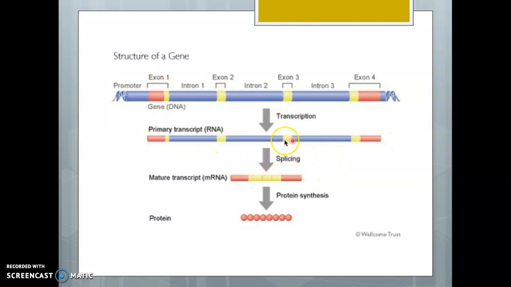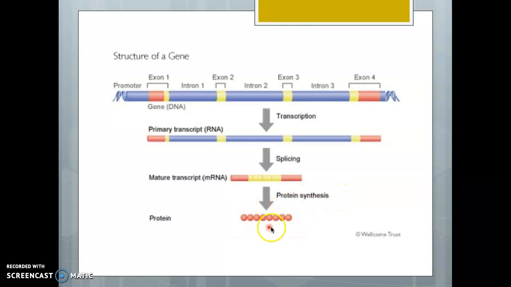But then, when you go through this splicing with spliceosome, what you end up with is the introns removed and the exons joined together. And then as it goes through, this would be protein synthesis, this would be translation.